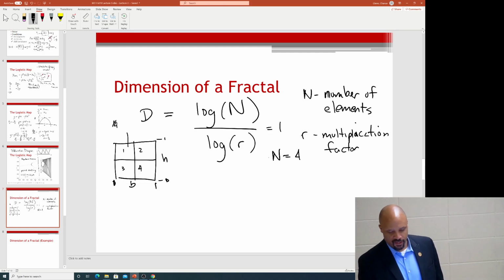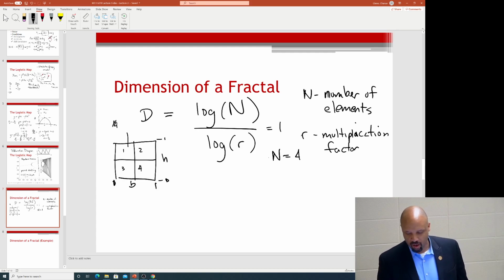Then this would be the log of 4 over 4, or you actually just look at the length.